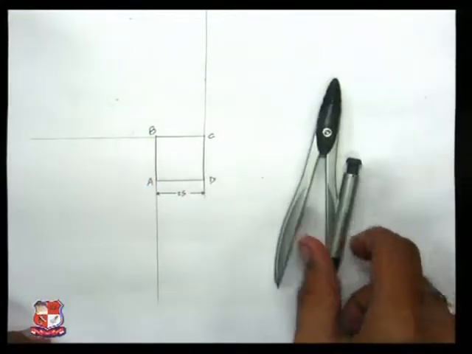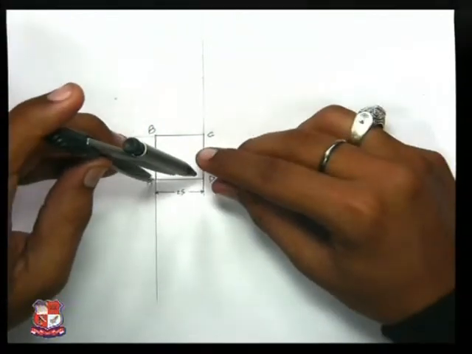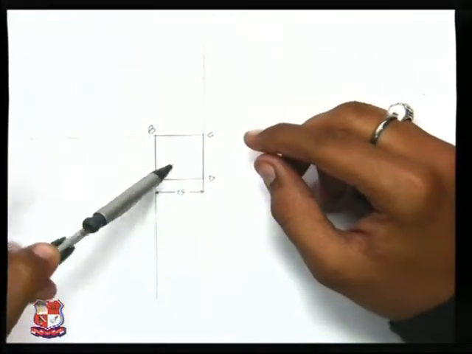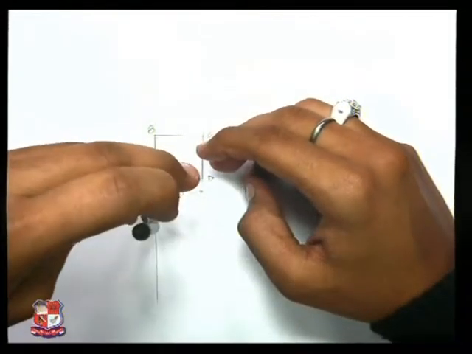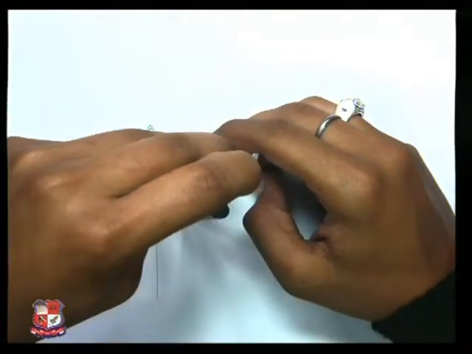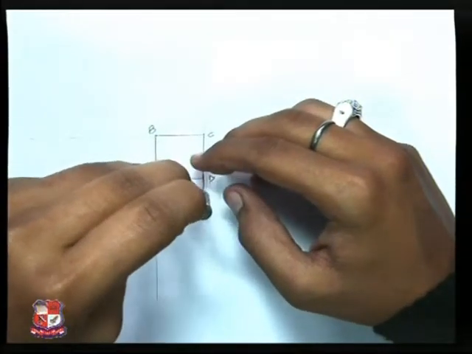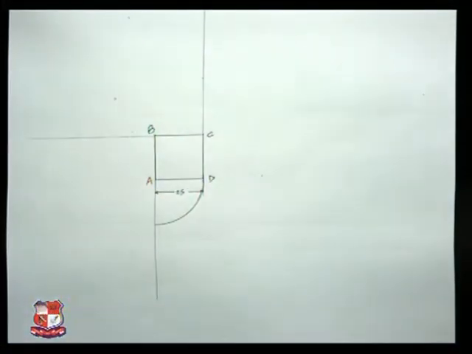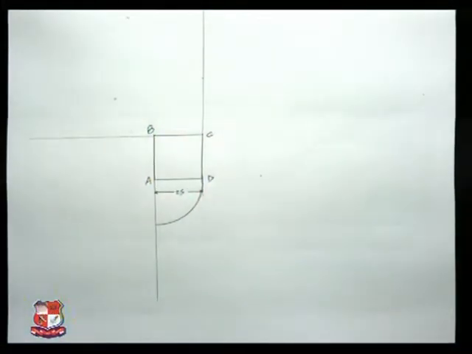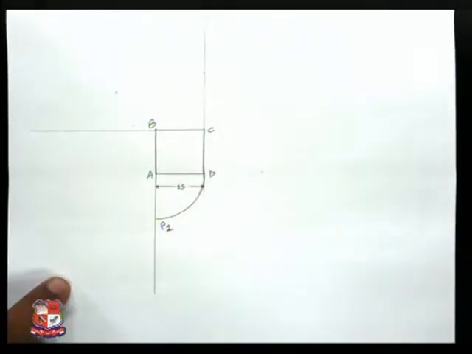Take a compass. Take center as A, radius as AD, and draw an arc. We'll name this point P1.